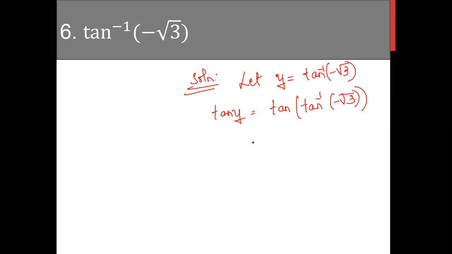Tan of tan inverse x is x. So it is minus root 3. As I told in the beginning, don't focus on minus, focus on root 3. At what angle does tan take the value root 3? 60 degree, correct? 60 degree is pi by 3.